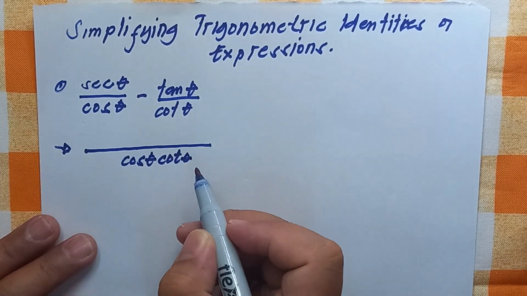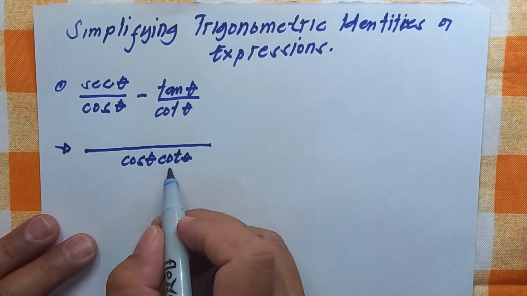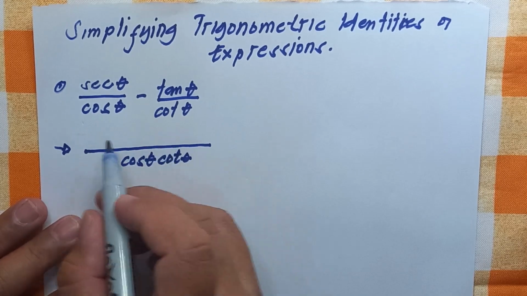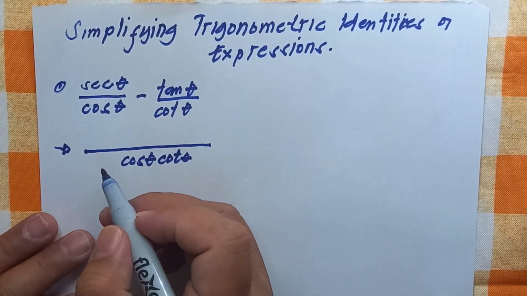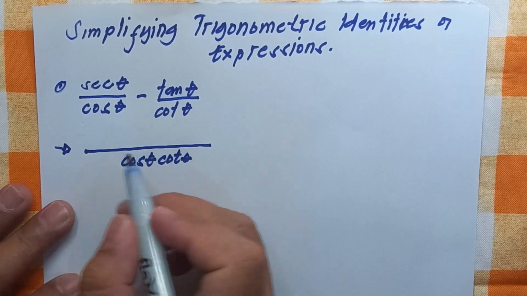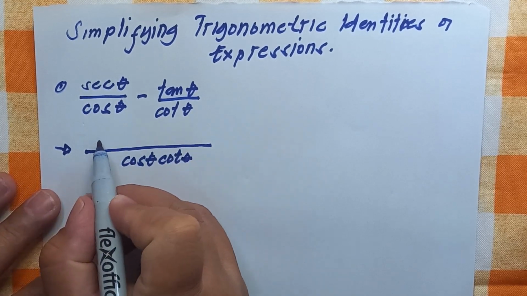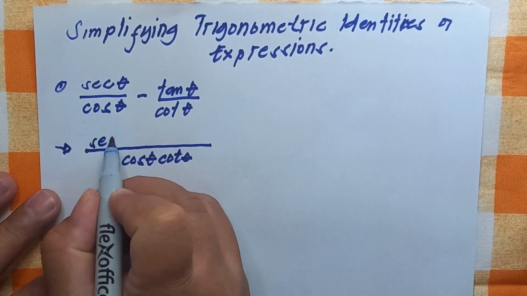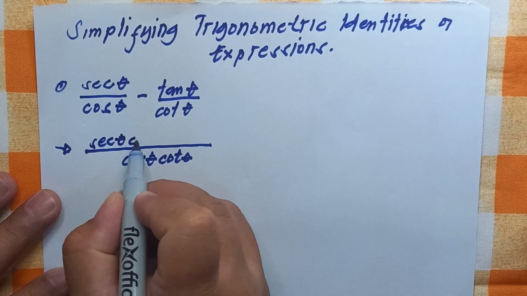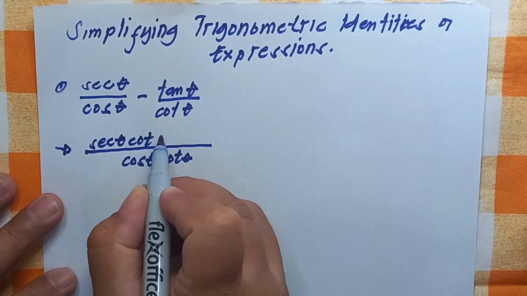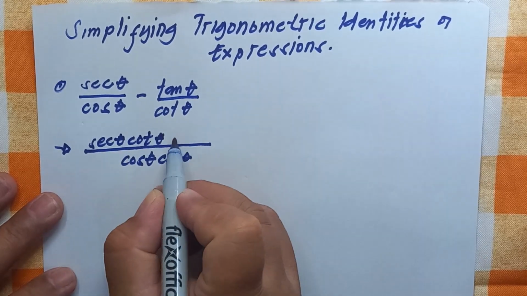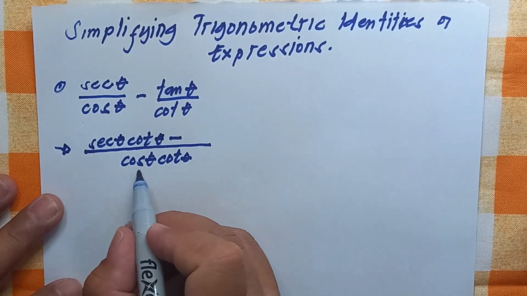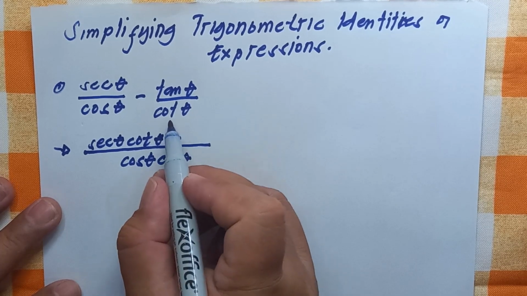Okay, so after that, cosine theta cotangent theta divided by cosine theta, and that is cotangent theta, multiplied by secant theta. So it will give you secant theta cotangent theta. That is subtraction, and so minus. So again, cosine theta cotangent theta divided by cotangent theta.